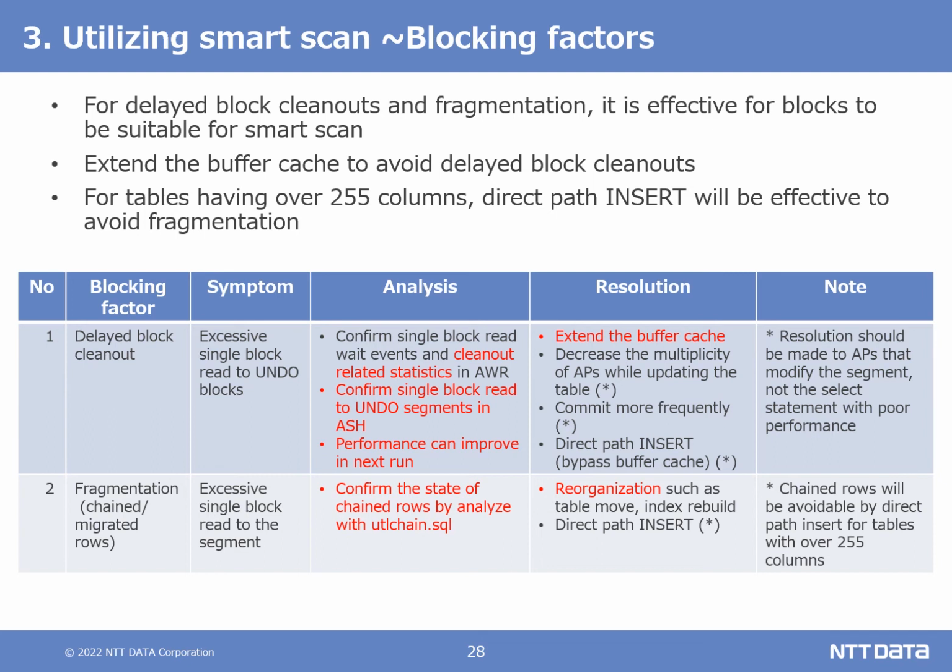Reorganization is of course an effective remedy. However, it is also effective to use direct path insert to prevent fragmentation in the first place. Especially for tables with more than 255 columns, it is better to use direct path insert than conventional insert.